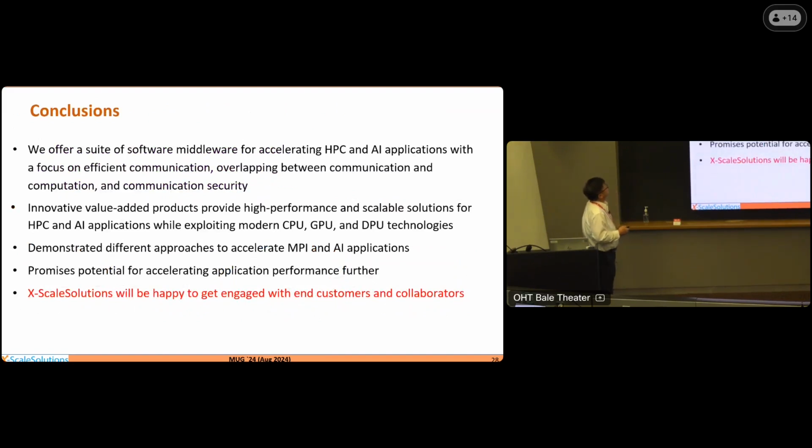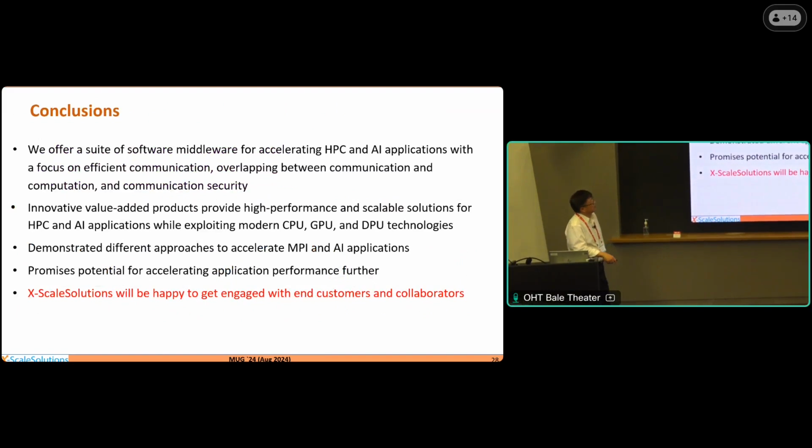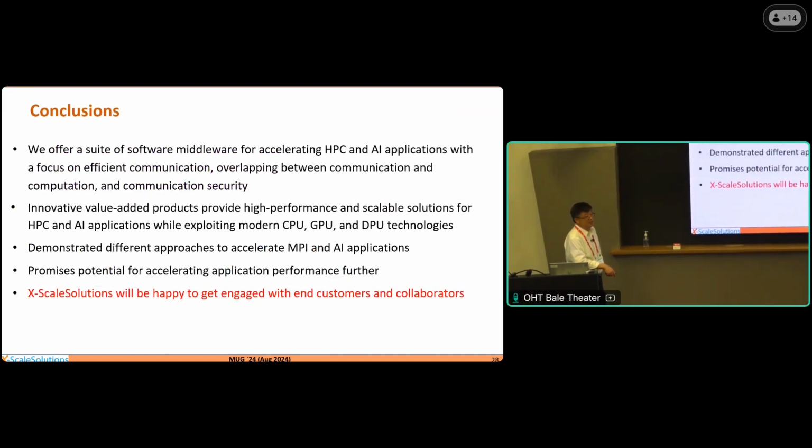So, conclusion. As a company, we offer a suite of software middleware for accelerating HPC as well as AI applications, with a focus on efficient communication, overlapping between communication and computation, as well as providing solutions for security in communication.